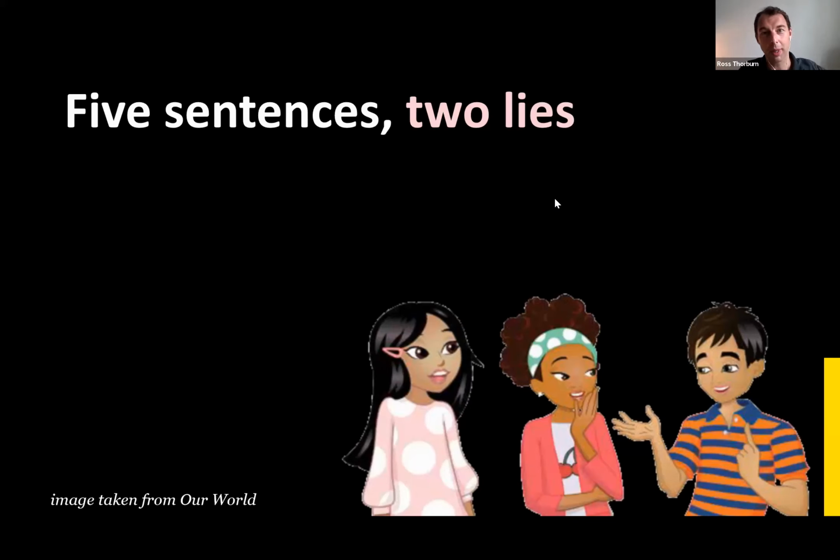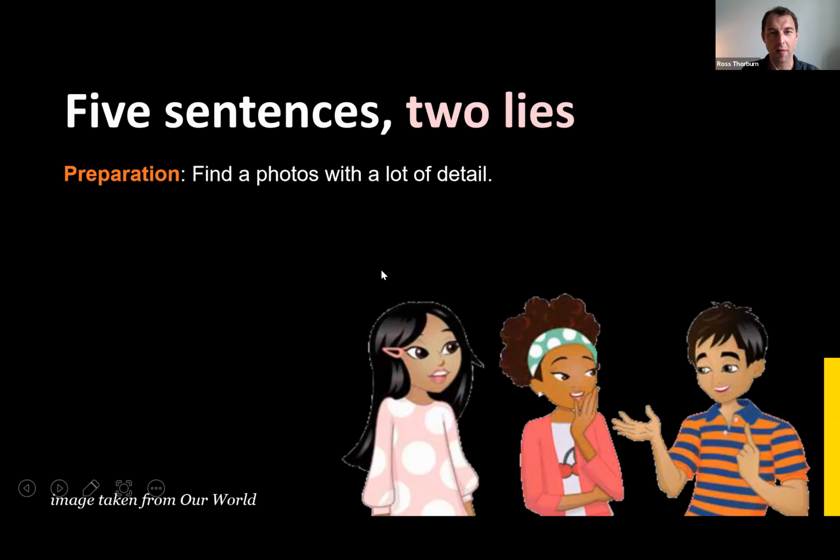So this is a little bit like the 3 truths and a lie that we did at the beginning of today. For this activity, you need to find a photo with a lot of detail. This one takes a bit more effort to find a really interesting photo with lots of things going on.